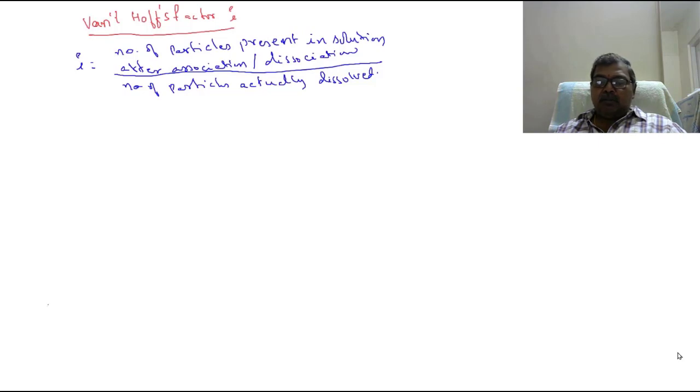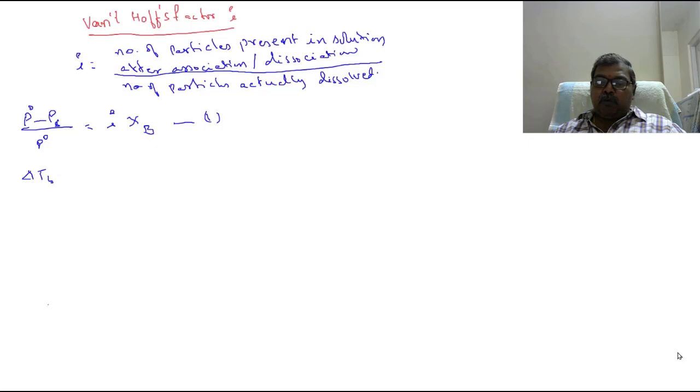Right? Now, according to Raoult's law, (P0 minus Ps) by P0, the relative lowering of vapor pressure, is equal to the mole fraction of the solute. Now, for any solute, either it dissociates or associates, use this formula: relative lowering of vapor pressure is equal to i into XB.